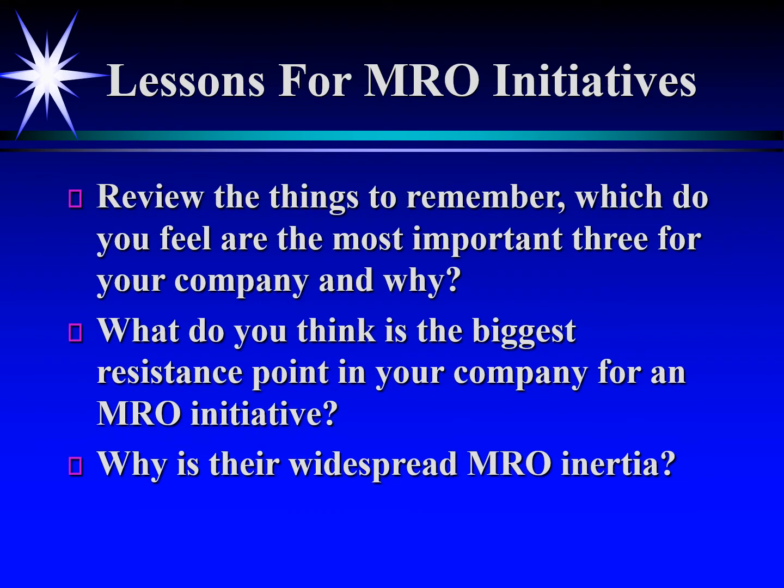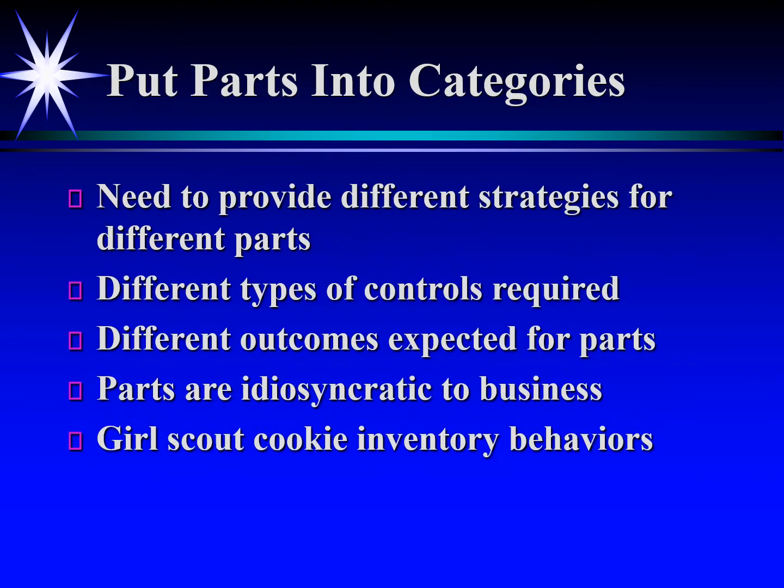Lessons that we learned. Make sure you record the lessons and review them, and look for resistance points, and find out why there is widespread MRO inertia in your organization.